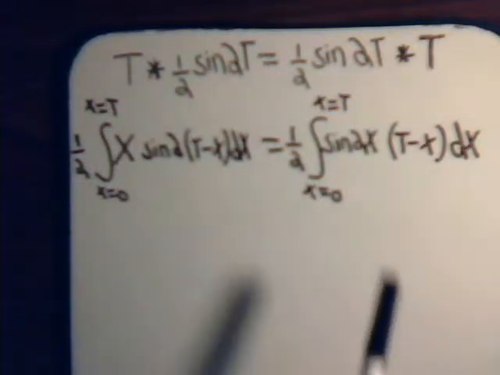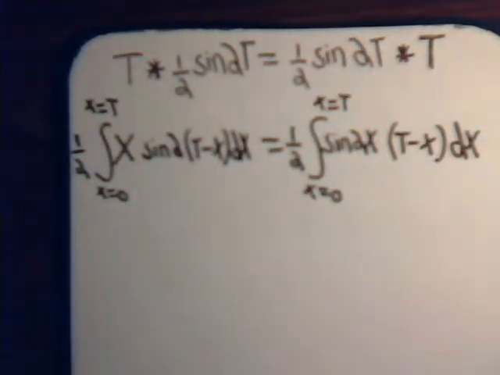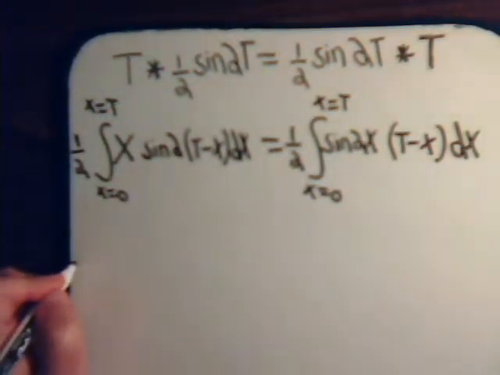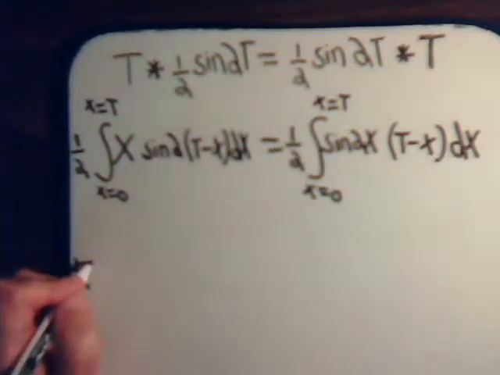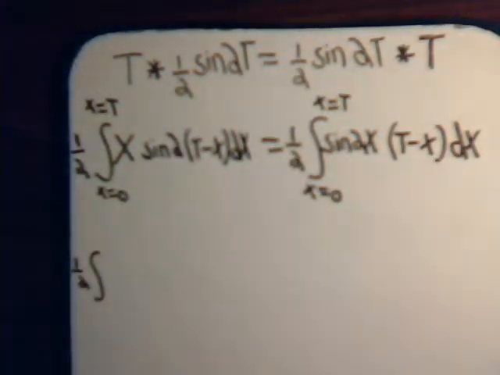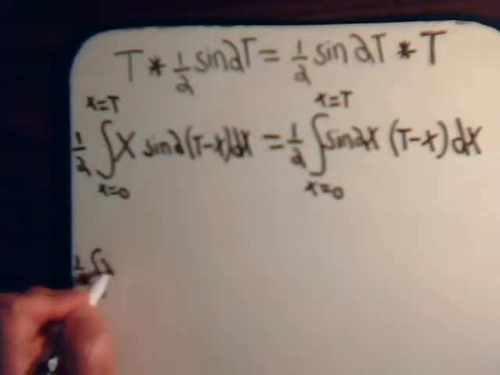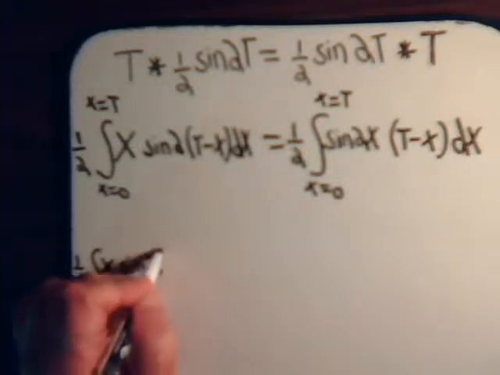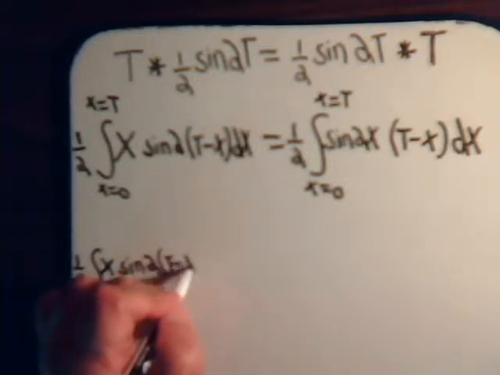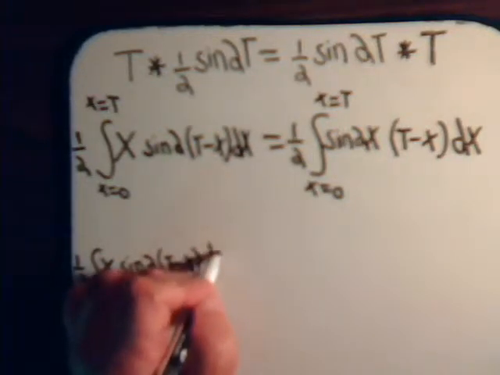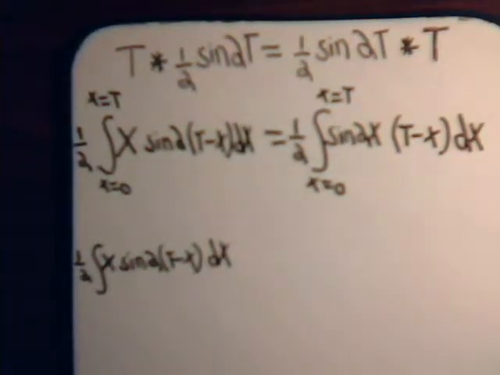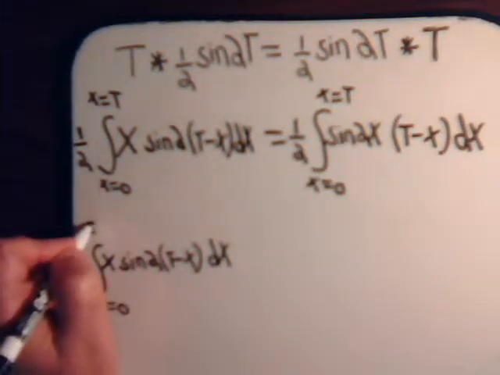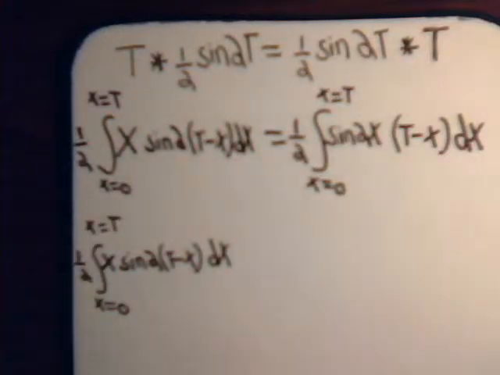And we want to show then that these two integrals are in fact equal to each other. So let's start with this one first. We have 1/2 the integral of x times the sine of 2 times t minus x dx. x goes from 0 to x equals t.